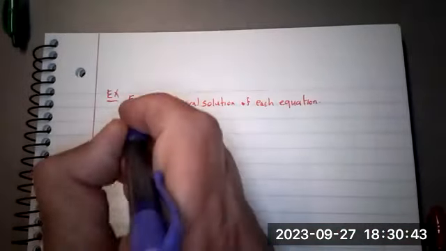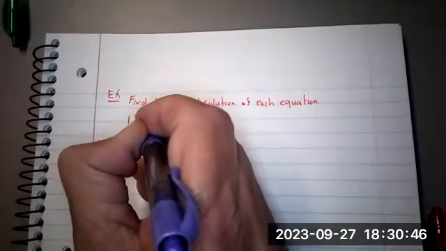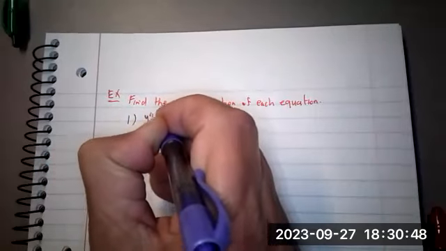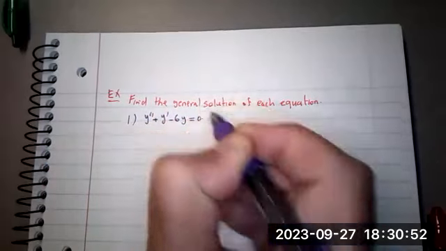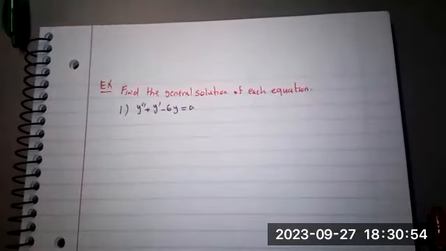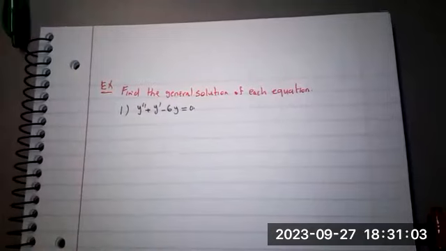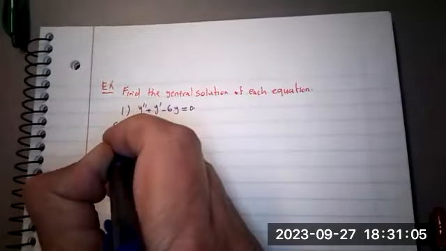Number 1, y double prime plus y prime minus 6y equals 0. That's it. It is a differential equation of second order with constant coefficients. So we find the characteristic equation and then the solution.